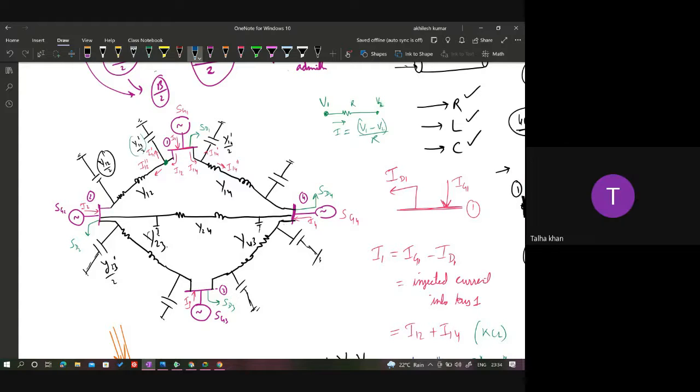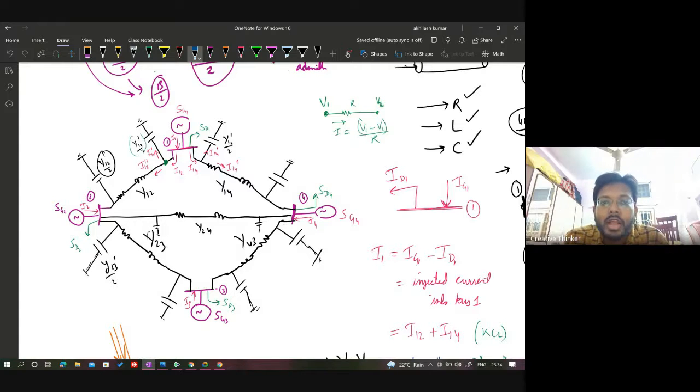What can be the voltage at each bus? The voltage will be a complex quantity. Complex quantity means the voltage will have magnitude as well as angle also.